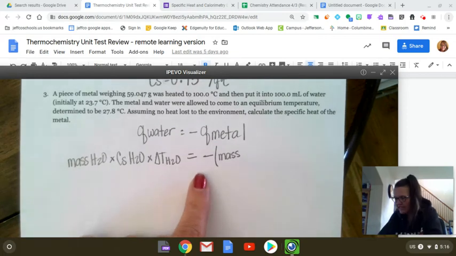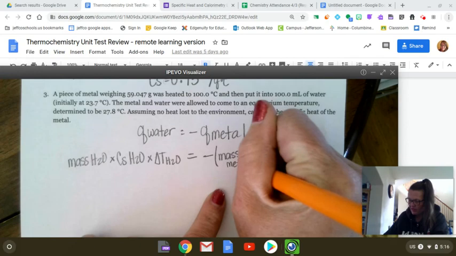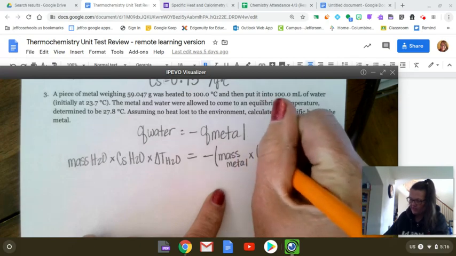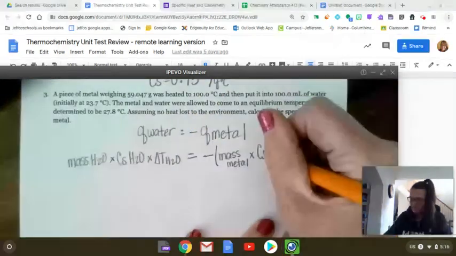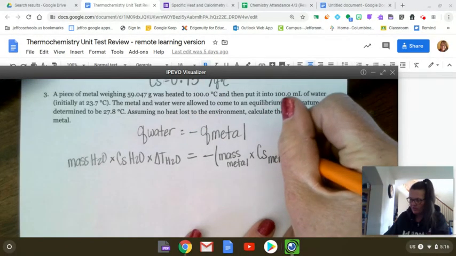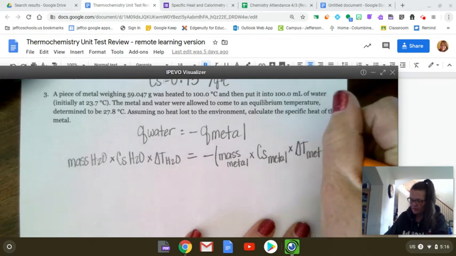Does it tell us the identity in this problem? No, I'll just put metal. Mass of the metal times the specific heat of the metal times the change in temperature of the metal. Sorry, I'm going off the edge of my table over here.